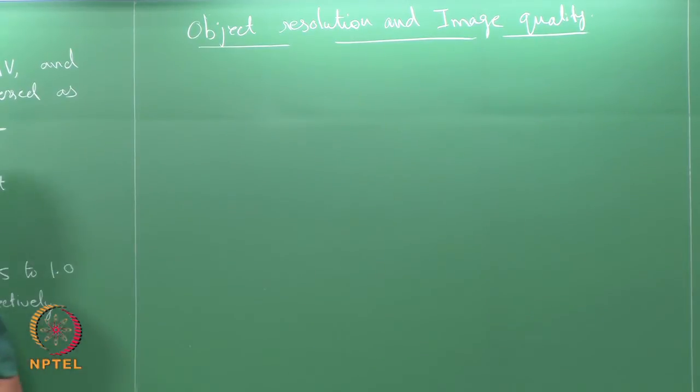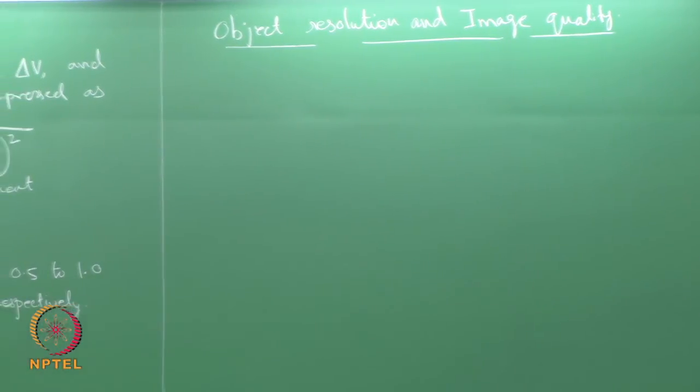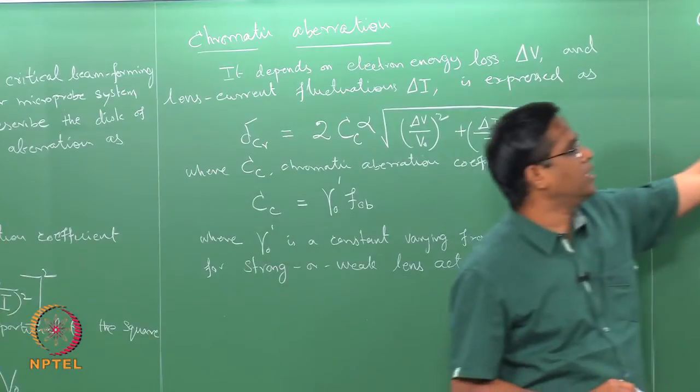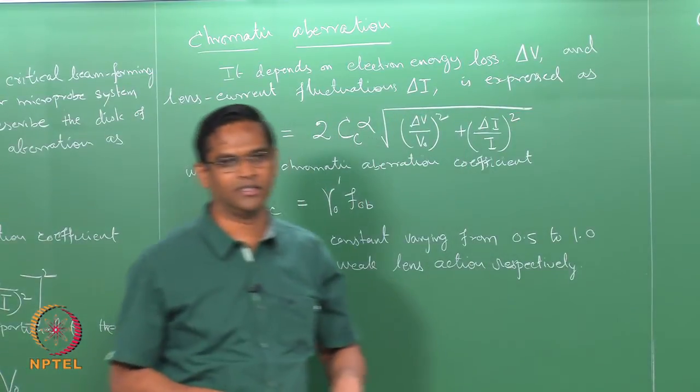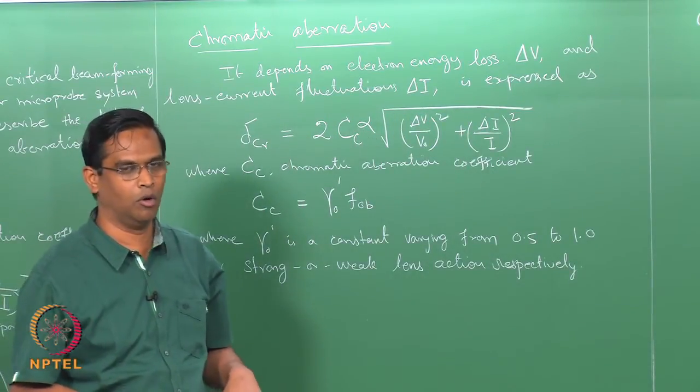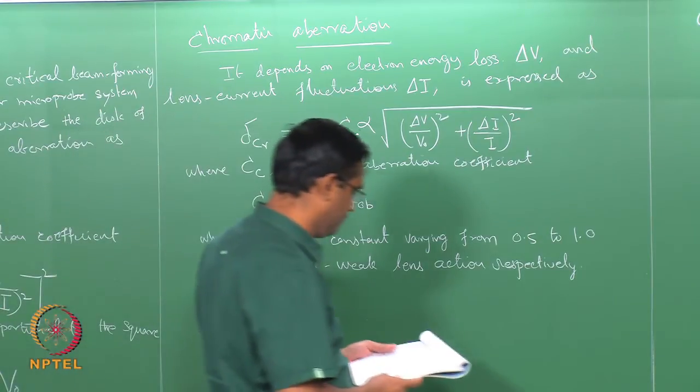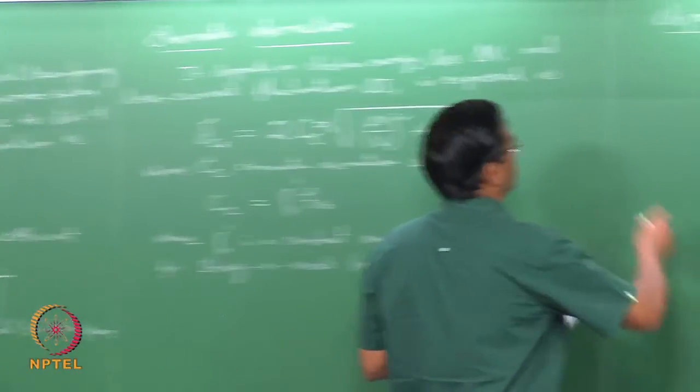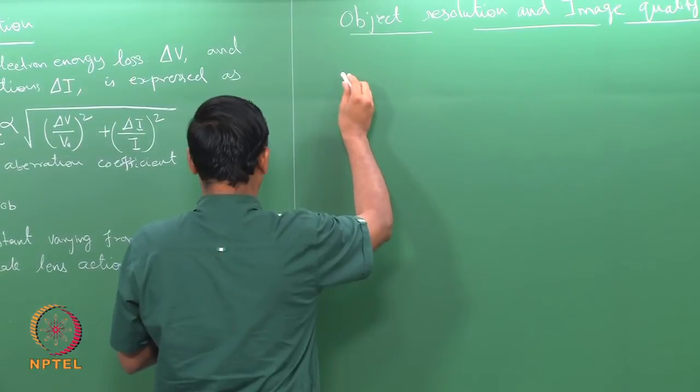We will now try to write some expressions for object resolution and then image quality involving all these aberrations which we talk about.